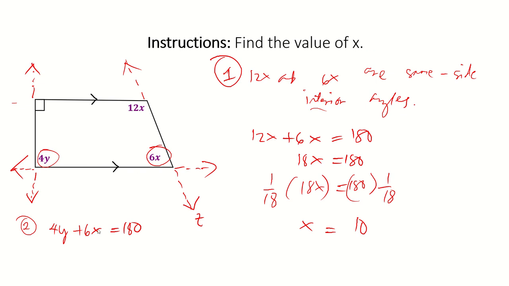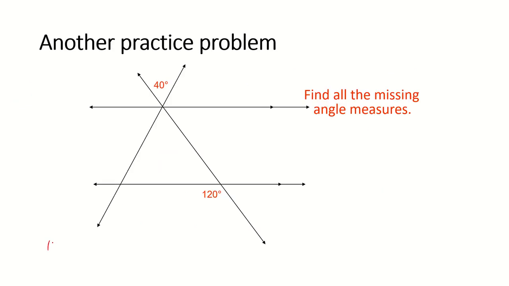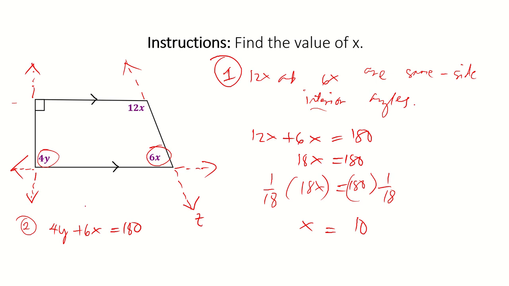We know that you already know what's x, so you can simply substitute. So 6 times 10, that would be 60. So let's continue here.